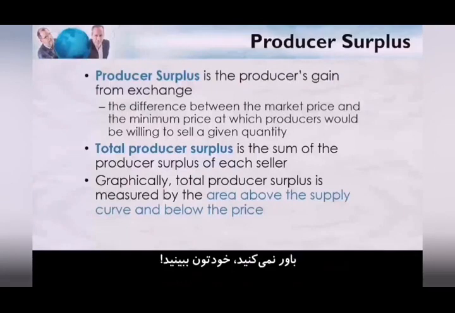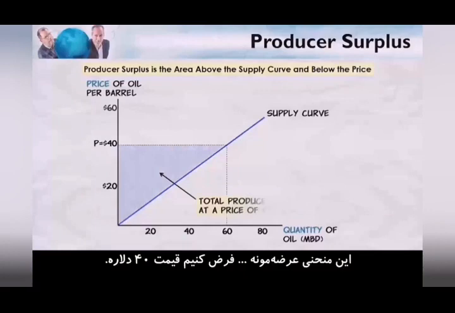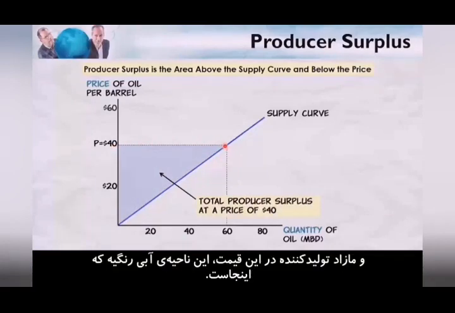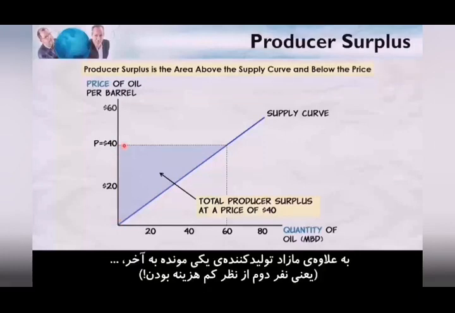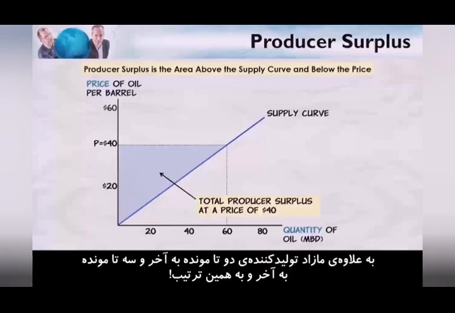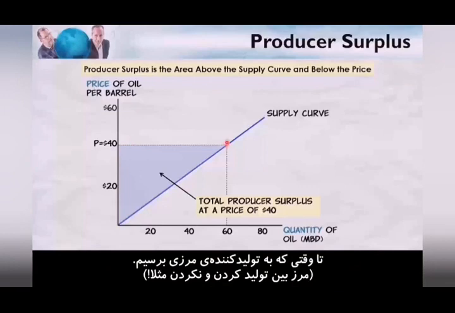Let's take a look. Producer surplus is the area above the supply curve and below the price. Here's our supply curve. Suppose that the price is $40. Then the producer surplus at that price is this blue area right here. We can think about this as the producer surplus of the lowest cost suppliers plus the producer surplus of the second lowest, plus the third lowest, the fourth lowest, and so forth, until we get to the marginal supplier.